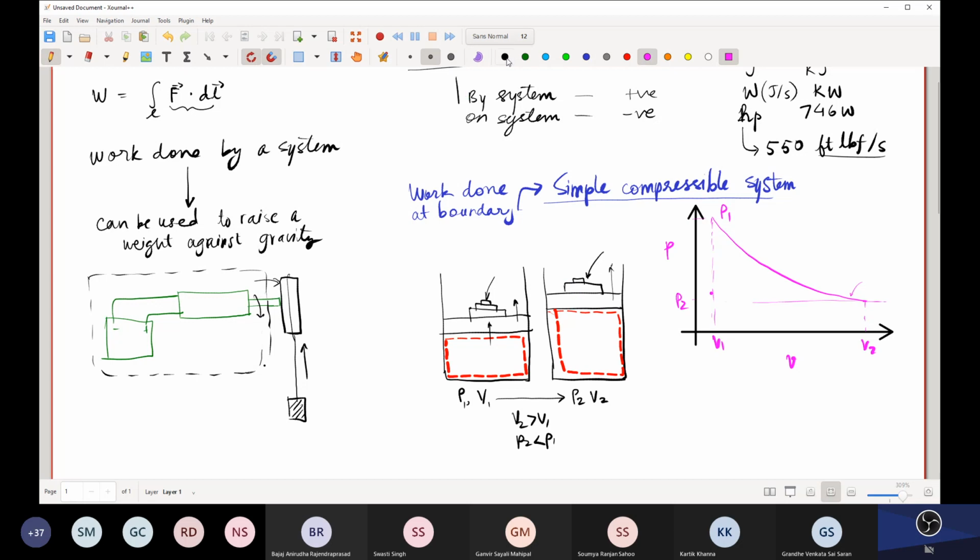So now let us try to find out the work done at this boundary. Okay, the work done at the boundary.